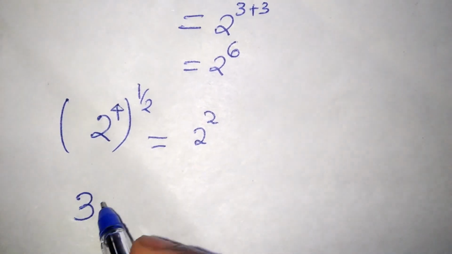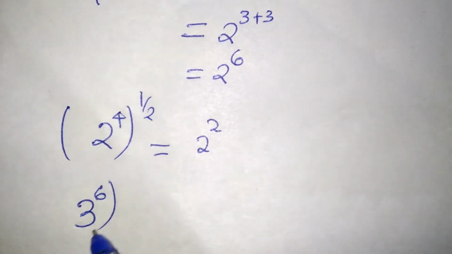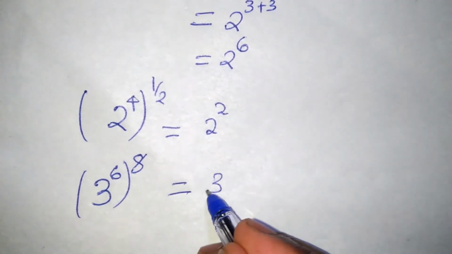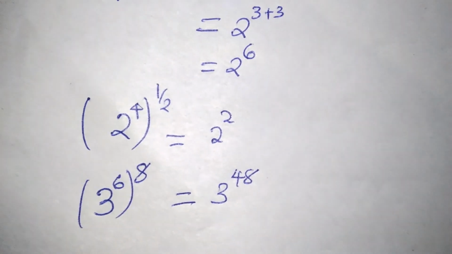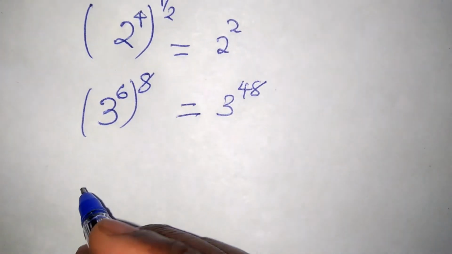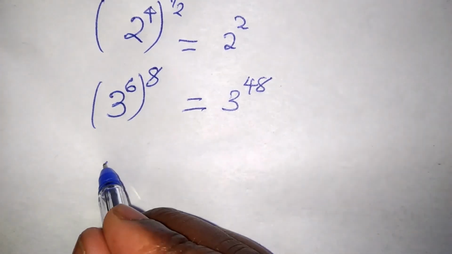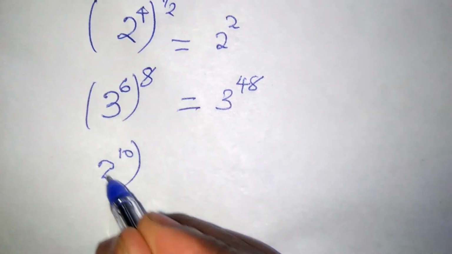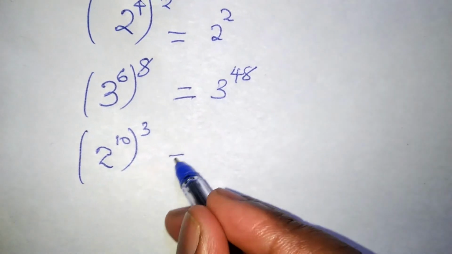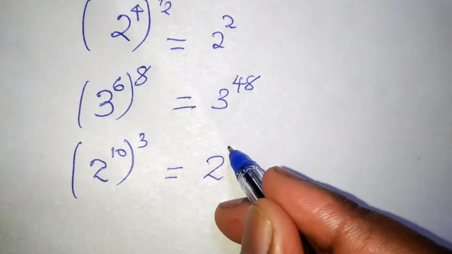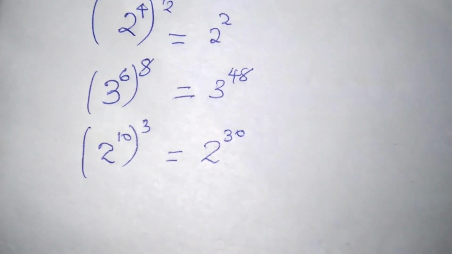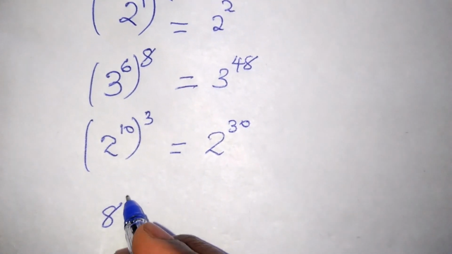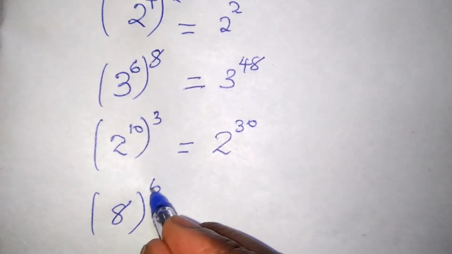Another example, 3^6 raised to 8. That gives me 3^48. That's a big number. If we have 2^10 raised to 3, it's just to say 2^30. Another example is to say 8^6.